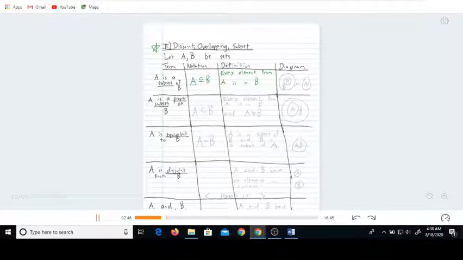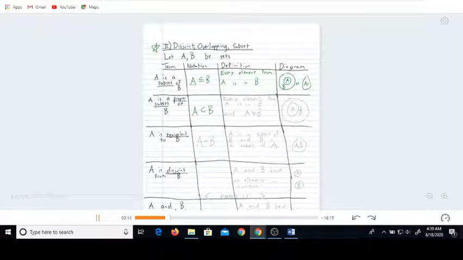So if we were to draw a diagram, if this were set A, then there's set B. Or another way of looking at it is A and B are the same sets. If A is completely contained inside B, then it's a subset. Now, a proper subset is denoted as this.